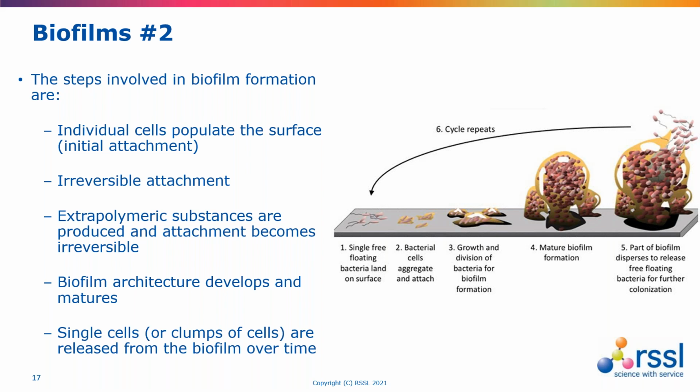So we get the formation of a slime-like material, which is largely polysaccharide based and goes by the technical term of a glycocalyx. This provides a degree of protection, because these extracellular polymeric substances give a degree of resistance to chemical disinfection, and a degree of resistance to heat as well.